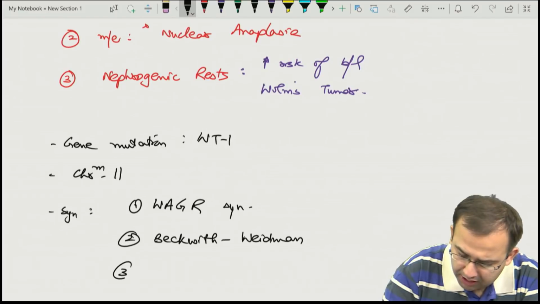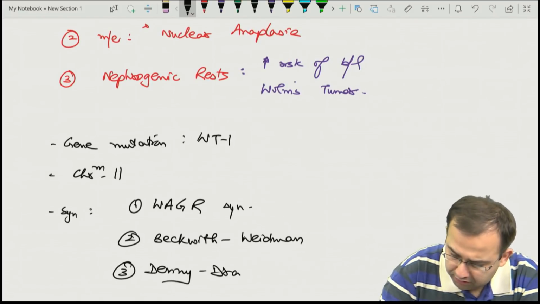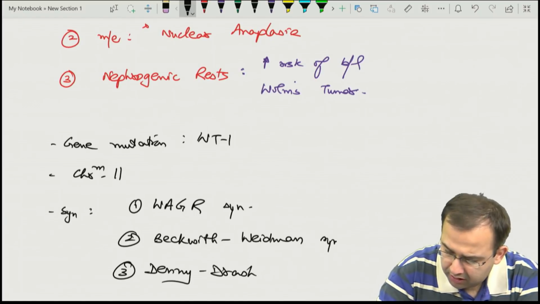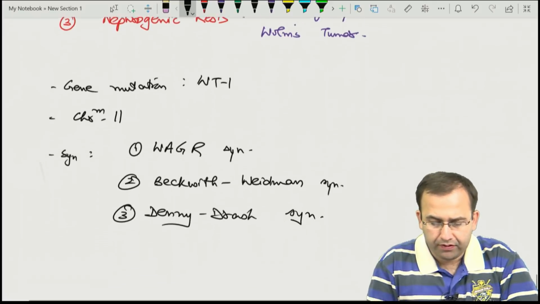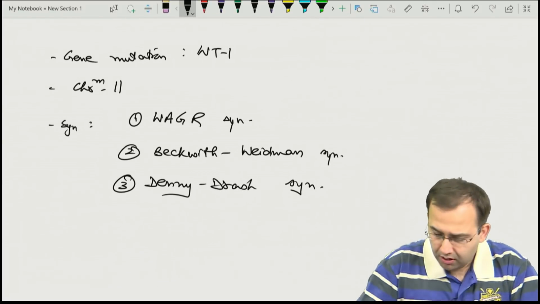Others are Beckwith-Wiedemann and Denny-Drash syndrome. This is Wilms tumor. Next point.